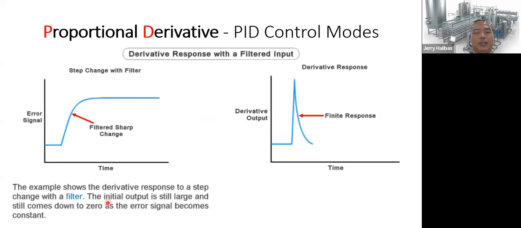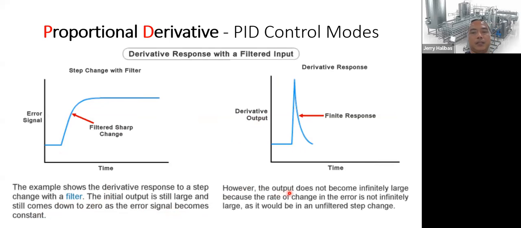The initial output is still large and still comes down to zero as the error signal becomes constant. However, the output does not become infinitely large because the rate of change in the error is not infinitely large, as it would be in an unfiltered step change.